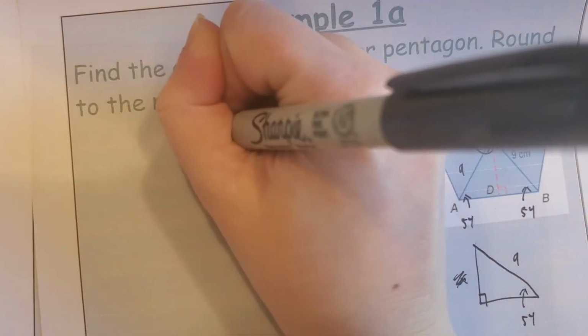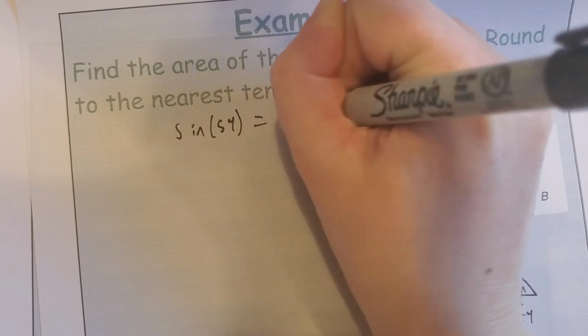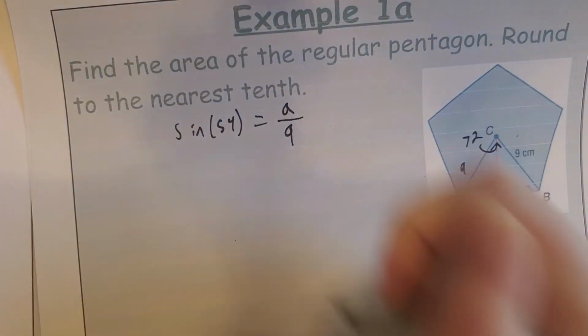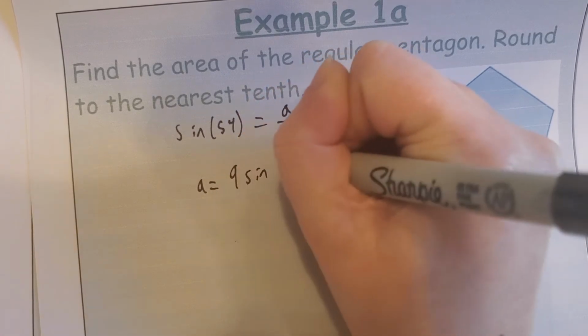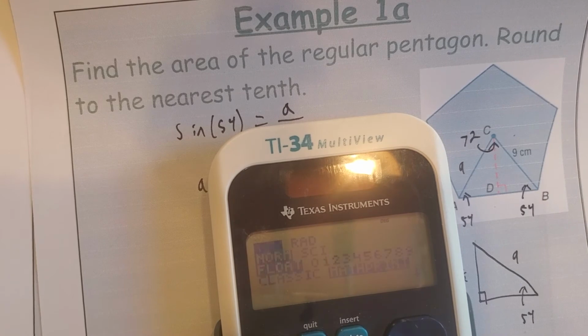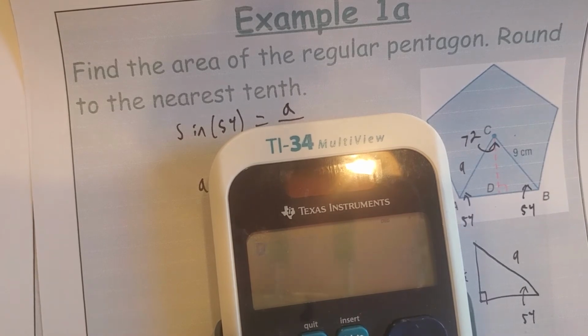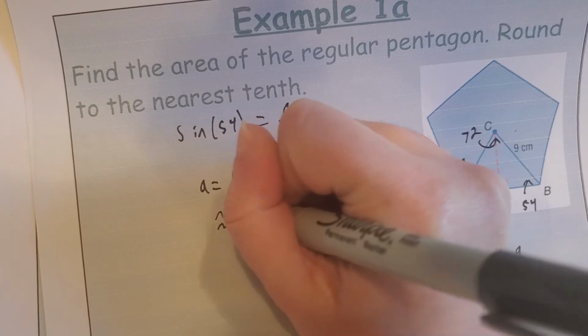So the sine of 54 is opposite over hypotenuse. So A over 9, multiply both sides by 9. And then if we plug this into the calculator, let me just make sure, degree mode, cool. 9 times the sine of 54 is approximately 7.28.